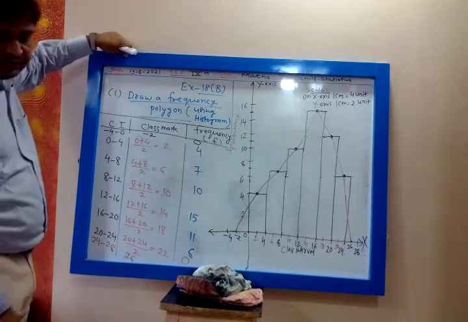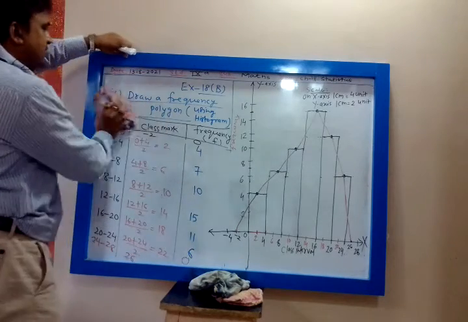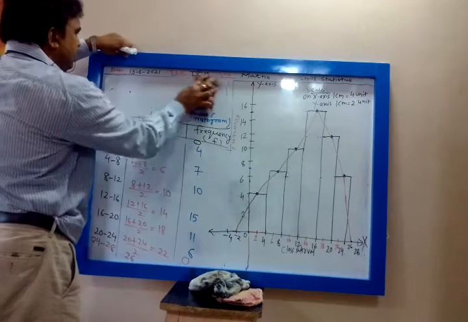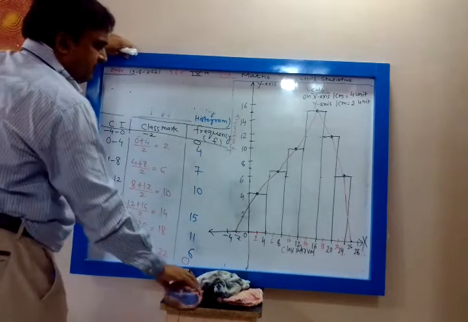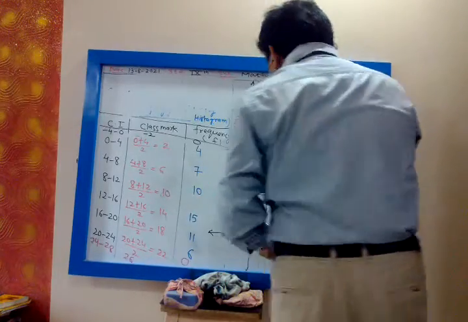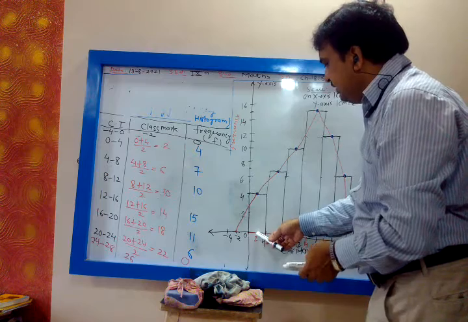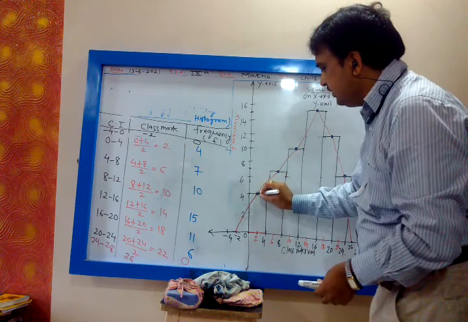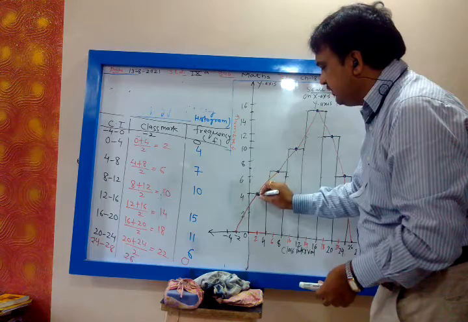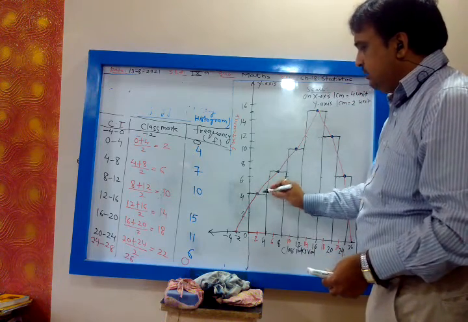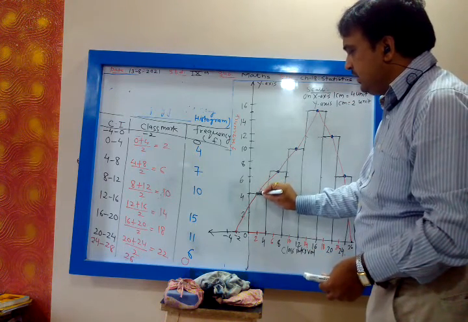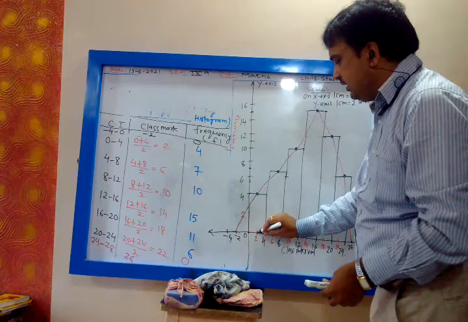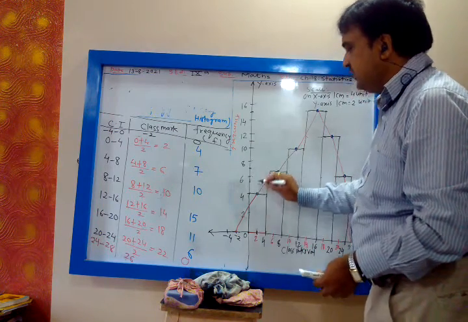Yes, do it. Second one, draw a histogram. Because, my dear, once you find the class mark, then the points of the frequency polygon we take in the mid. You have to take the mid of the frequency, and that mid of the frequency you can take by keeping the scale vertically on the class mark.